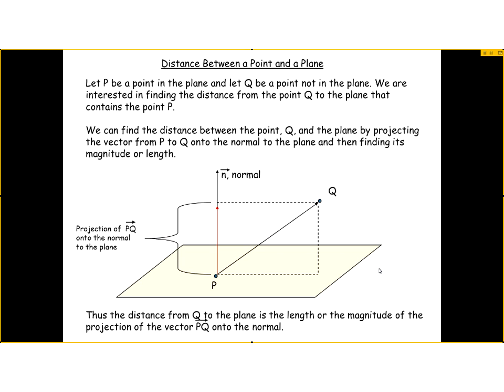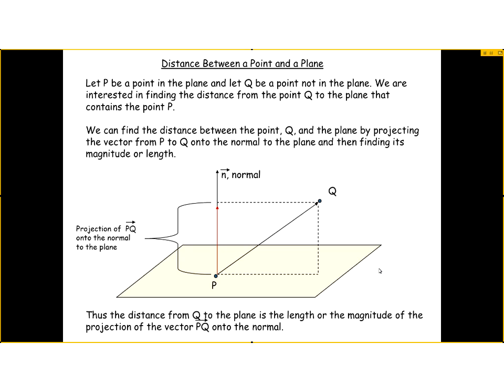Similarly, let P be any point in a plane and let Q be any point not in the plane. We are interested in finding the distance from the point Q to the plane that contains the point P. We can find the distance between the point Q and the plane by projecting the vector from P to Q onto the normal to the plane, then finding its magnitude or length.